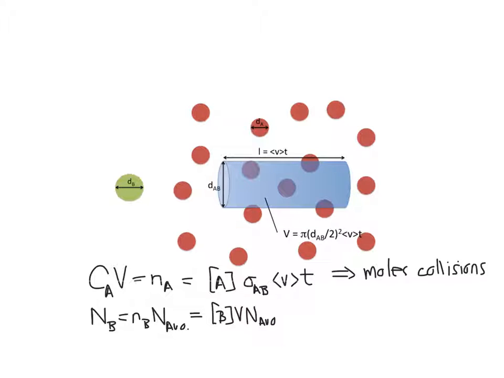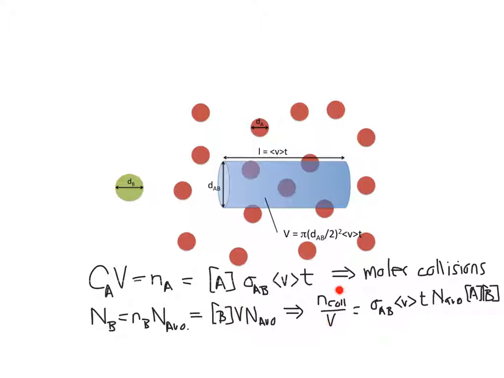It's convenient to do this in terms of total number of moles of collisions per unit volume, because that way we have a variable which doesn't depend on how big my system is. In other words, we have an intensive variable.